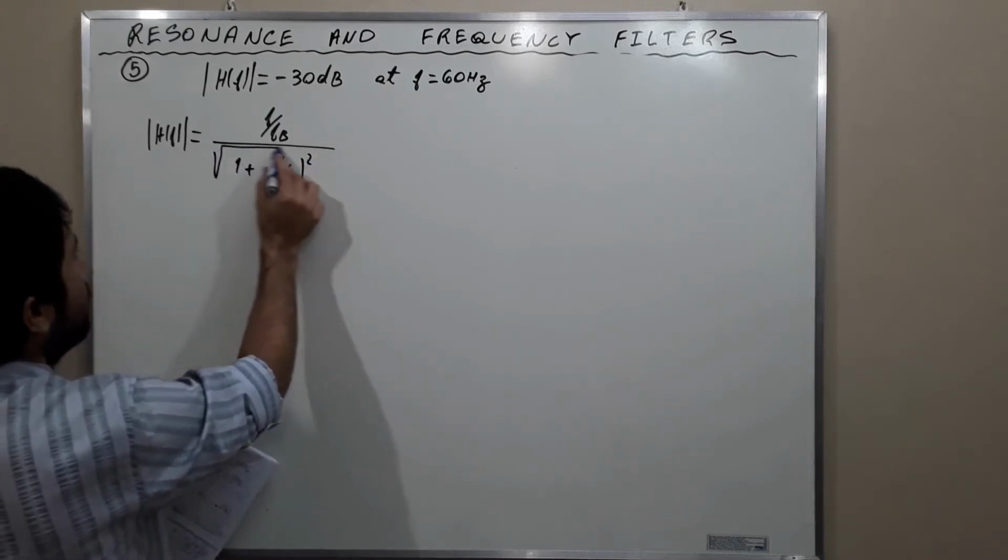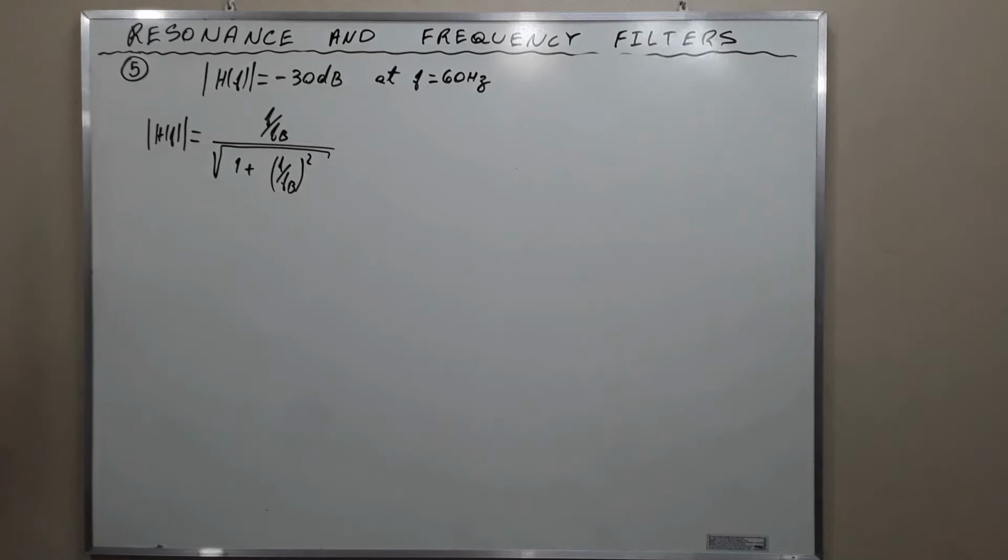Okay? However, for frequencies much lower than the corner frequency, the following approximation is true. Okay? This is the approximation that we are going to take to solve this exercise.